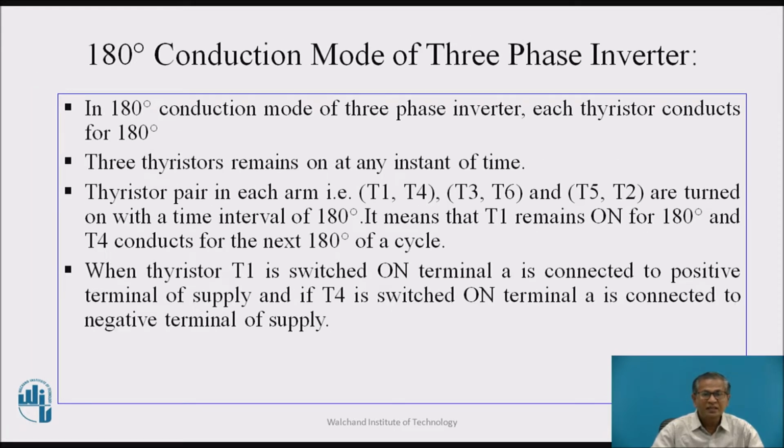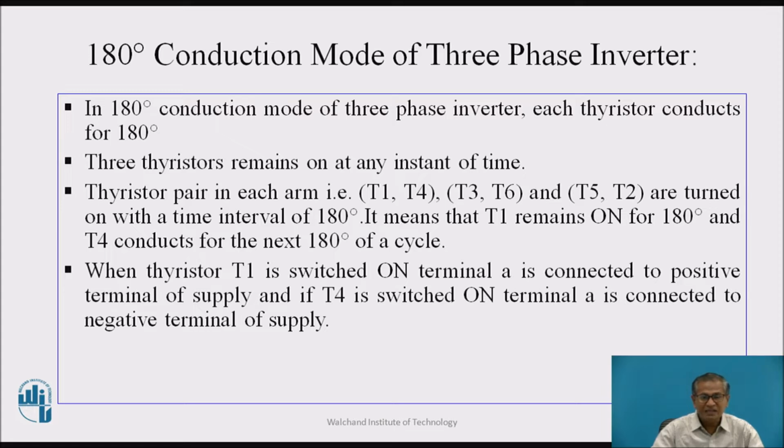So, the 180 degree conduction mode for the three-phase inverter. In this mode, each thyristor conducts for 180 degrees. Three thyristors remain on at any instant of time. The thyristor pairs in each arm, that is T1, T4, T3, T6, T5, T2, are turned on with a time interval of 180 degrees.